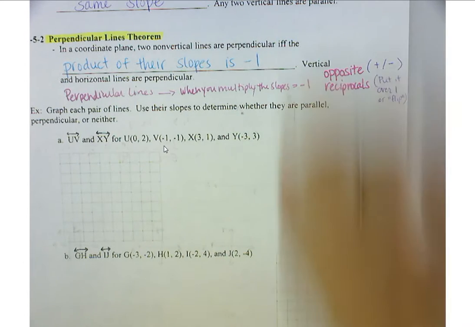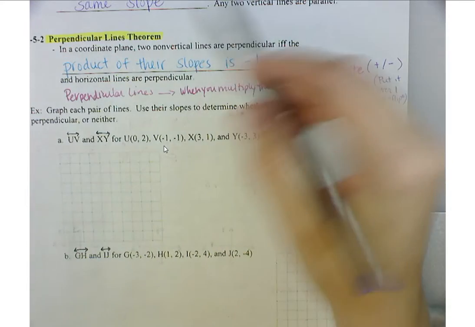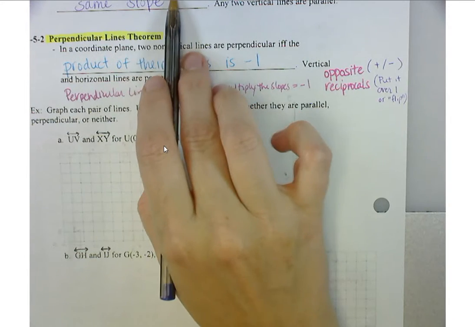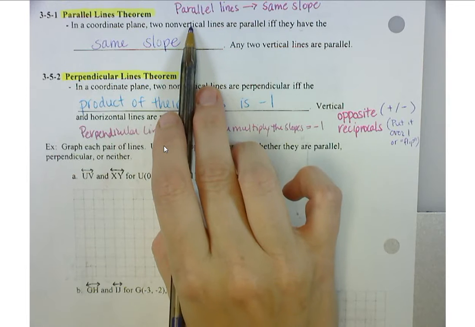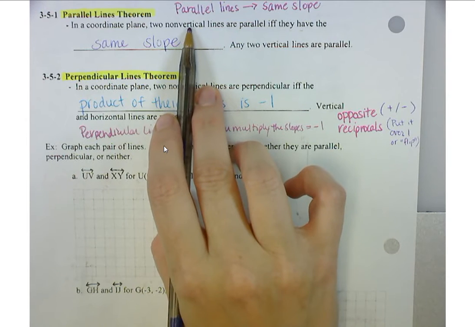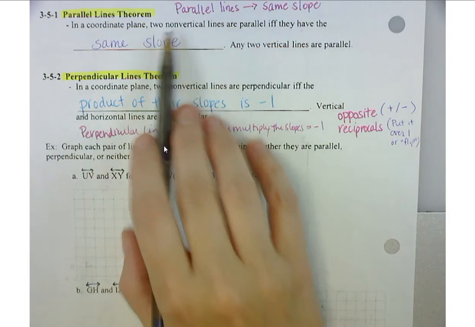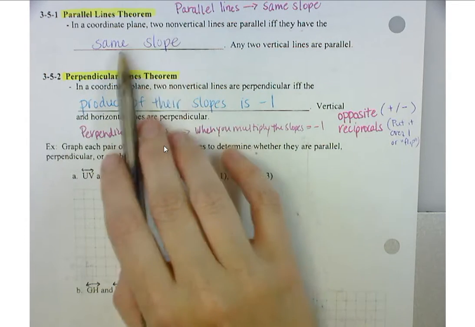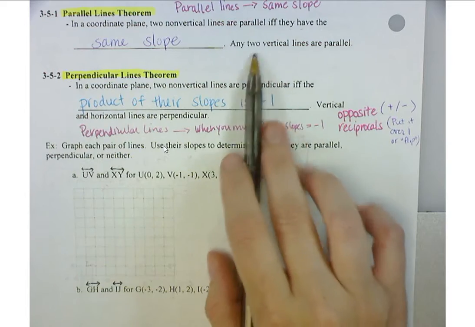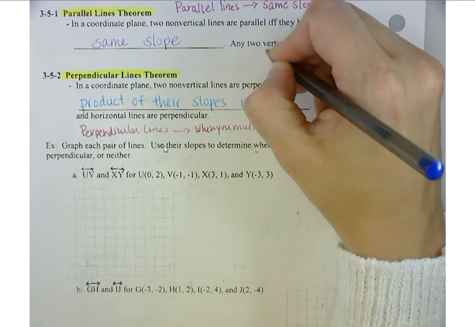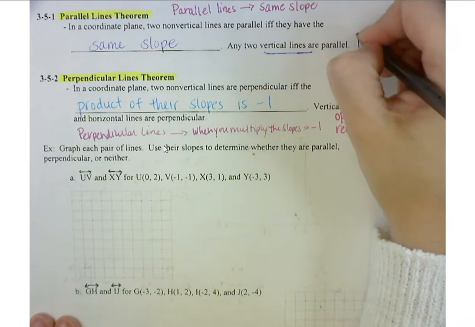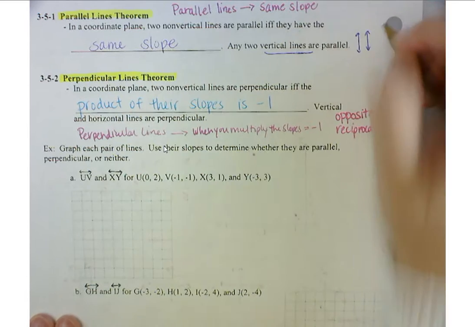And then I just want to talk to you about this part where it says two non-vertical lines. When it says non-vertical, can you picture what a vertical line looks like? Yeah, so it's straight up and down. So they're just saying if they're non-vertical, they'll have the same slope. That's because if they're both vertical, aren't they already going to be parallel?